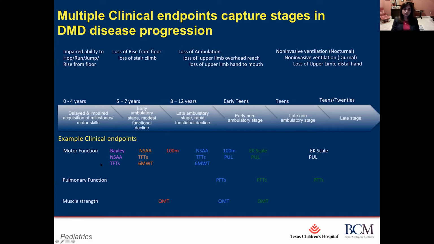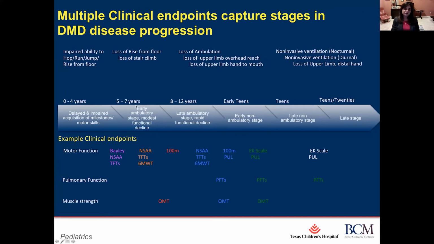We can also do the North Star Ambulatory Assessment and the timed function test. The timed function test uses time to rise, time to take 3 steps, or time to run 10 meters. They don't have any problems with lung function, so we don't need to do any monitoring at that age. It's difficult to do muscle strength testing at this age because of lack of cooperation.